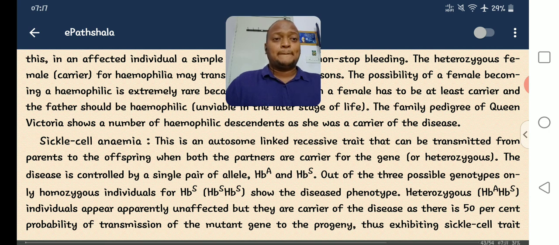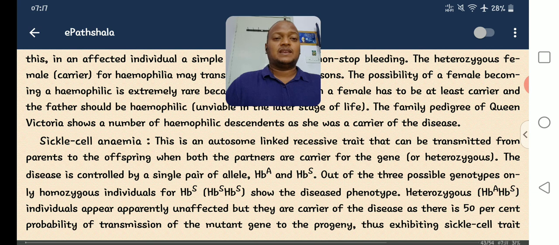The HBA HBS individuals are unaffected because only one HBS is present, but they are carriers. For example, if one parent is HBA HBS and the other parent is HBA HBS, how much chance is there in the progeny? Go through the point given.